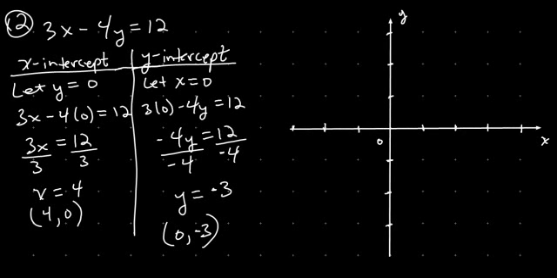Okay, so my first point here, 4, 0, over 1, 2, 3, 4, up 0. That's my x-intercept. Second coordinate here, over 0, down 3, 1, 2, 3. Okay, so connect these things, and I get the graph of my linear function. And that will conclude this video on graphing linear functions.